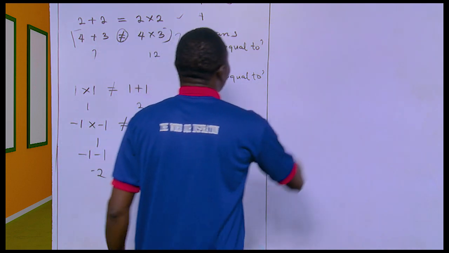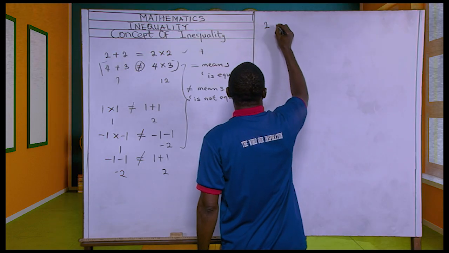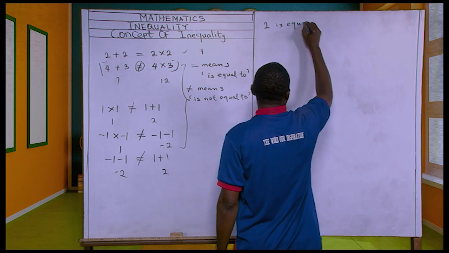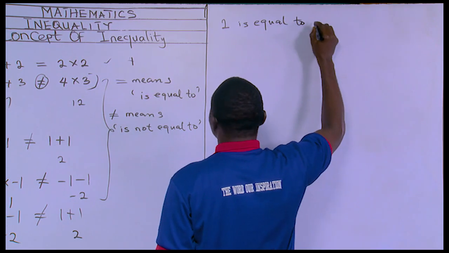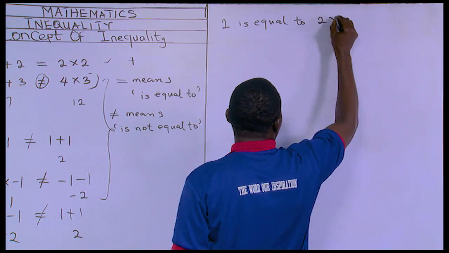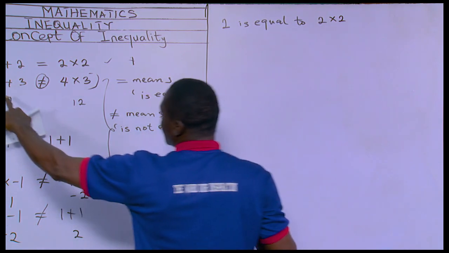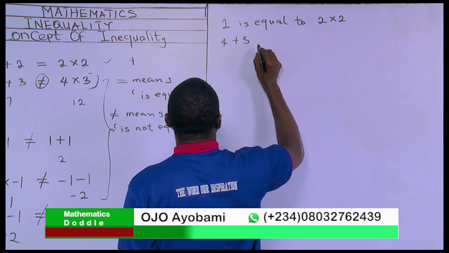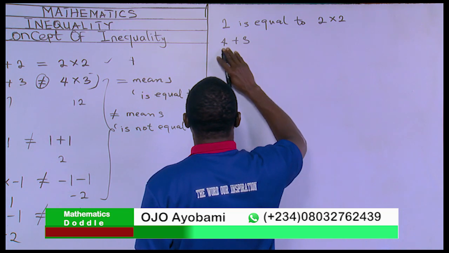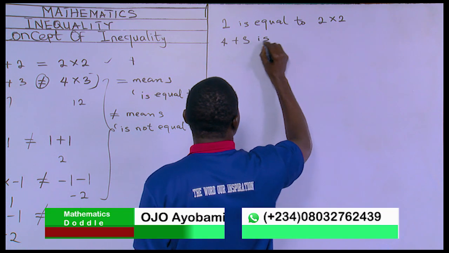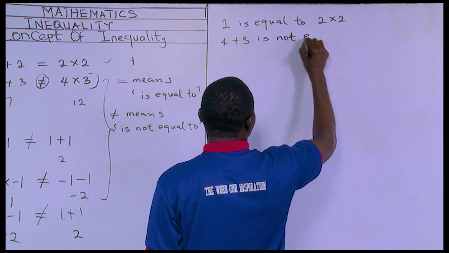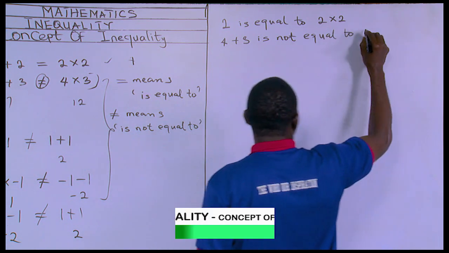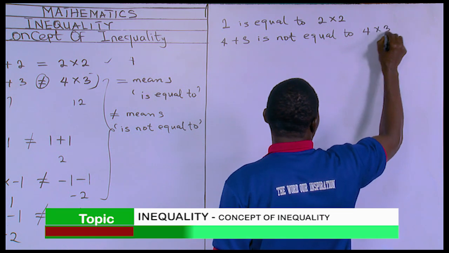If I want to rewrite them, I will say 4 plus 3 is not equal to 4 multiplied by 3.